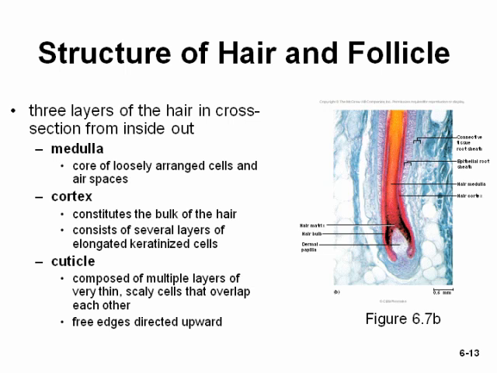A couple more structures that you need to be familiar with, and it more so has to do with this area up in here. And that's the medulla, the cortex, and the cuticle.